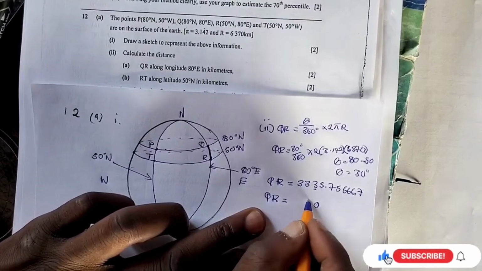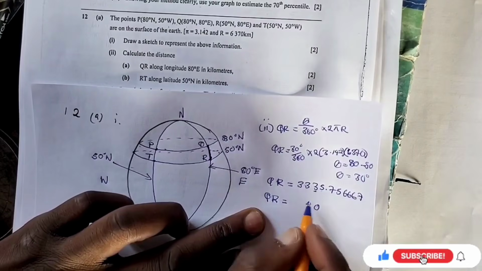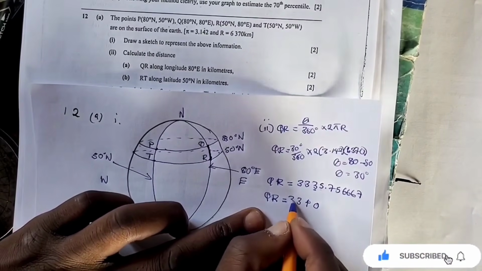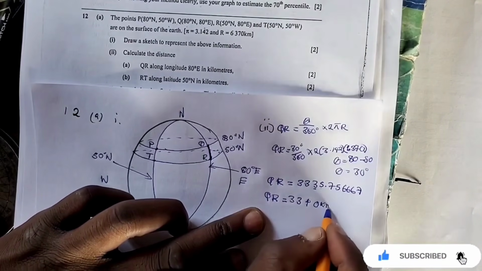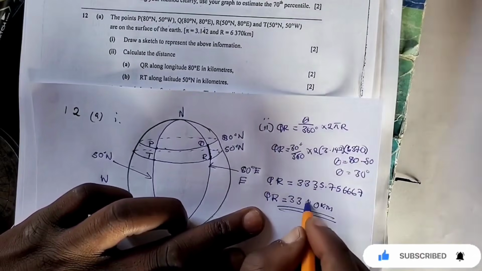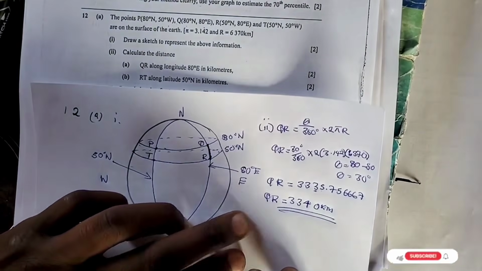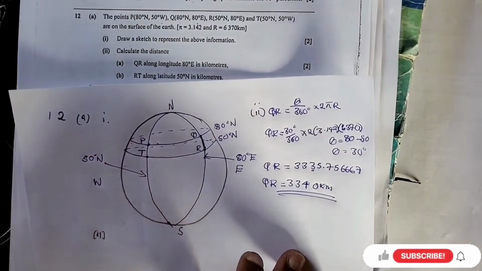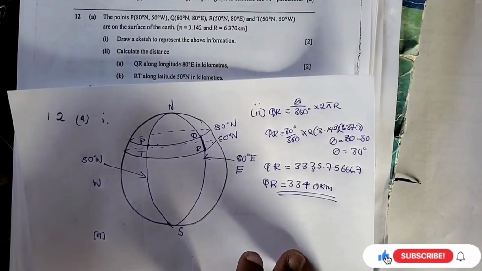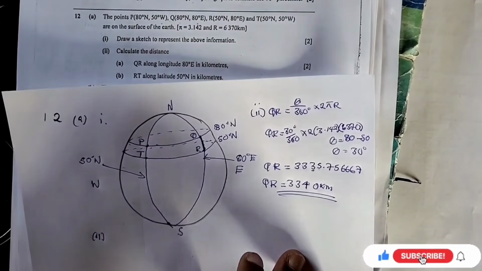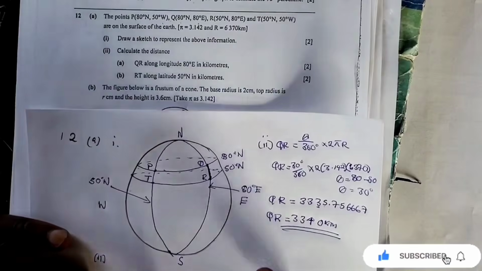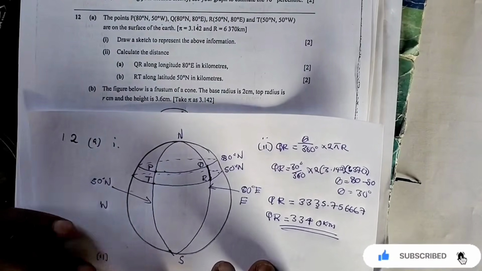Then this one becomes 4, then this one remains 3. Very good. So 3,340 kilometers.